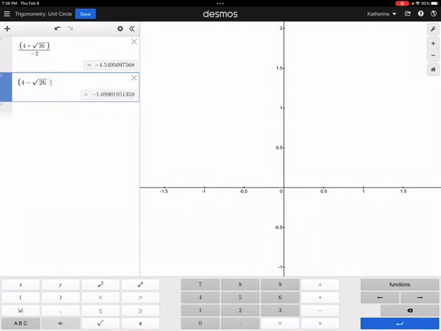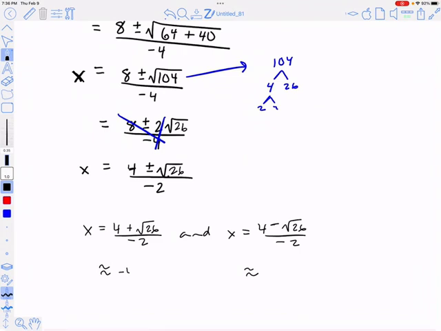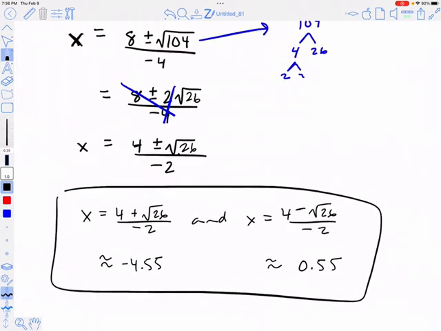So my two answers would be -4.55 and 0.55. Okay, so you can see that this is an answer that is just a decimal number. So that's our first example.